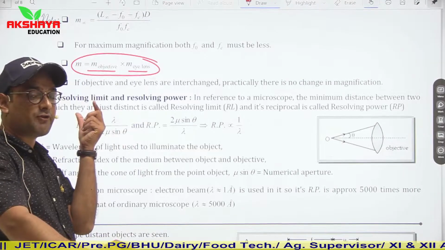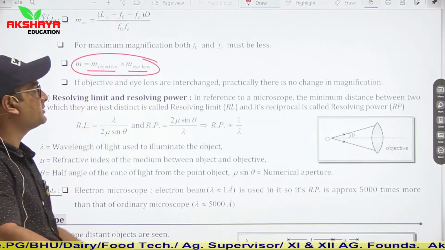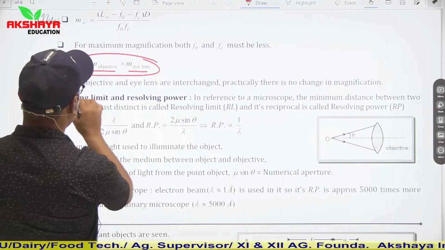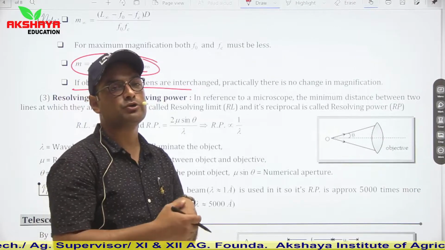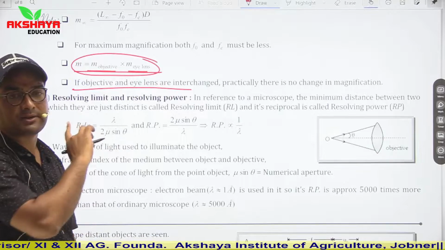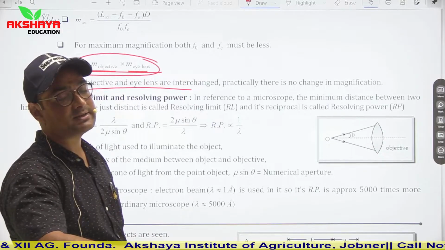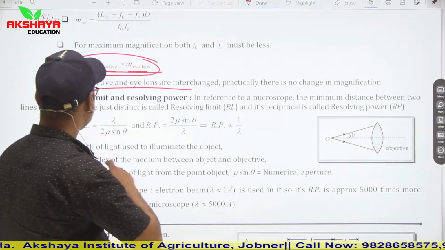So the magnification of the objective multiplied by the magnification of the eye lens is equal to the total magnifying power. If the objective and eye lens are interchanged, then practically there is no change in magnification.